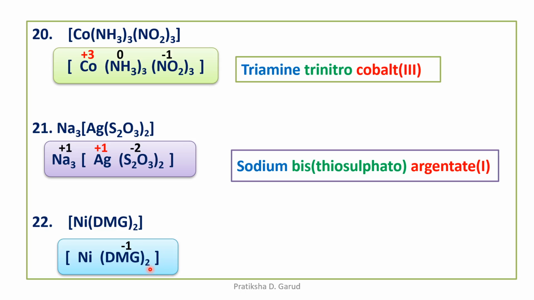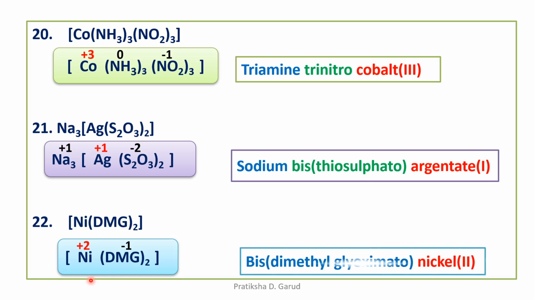As there are two, the total charge becomes -2, and hence the nickel should have the oxidation number +2. So what is the name? Its name will be bis because it is 2, therefore it is bis(dimethylglyoximato)nickel(II). Bis(dimethylglyoximato)nickel(II).